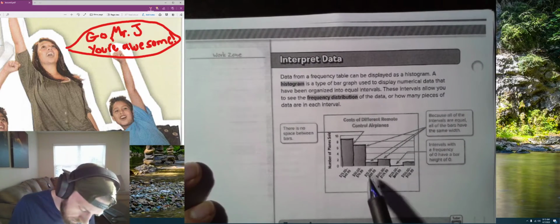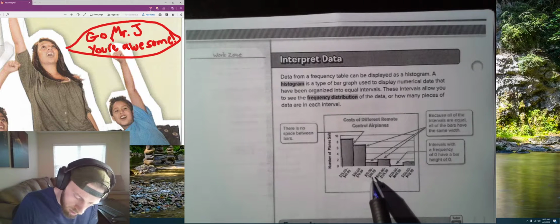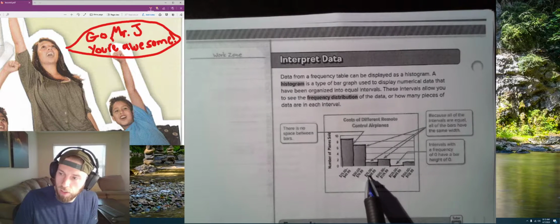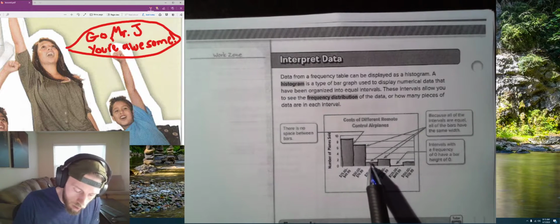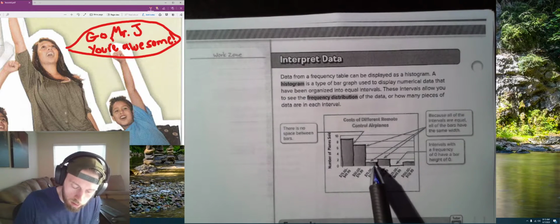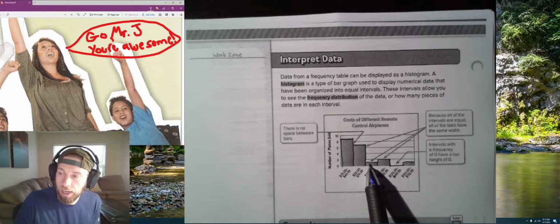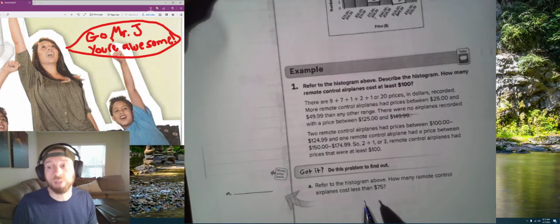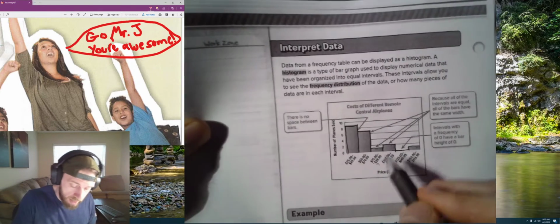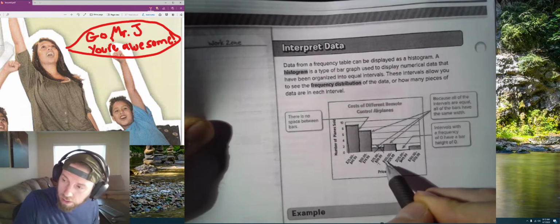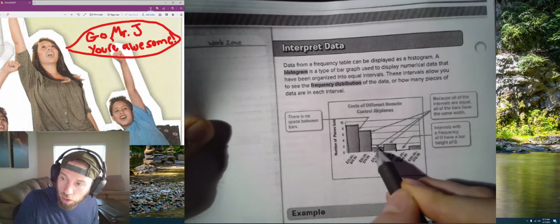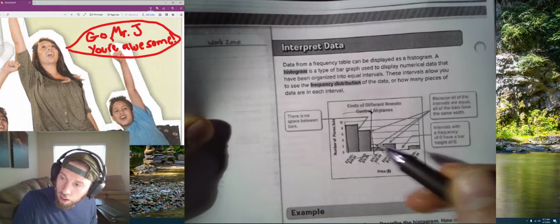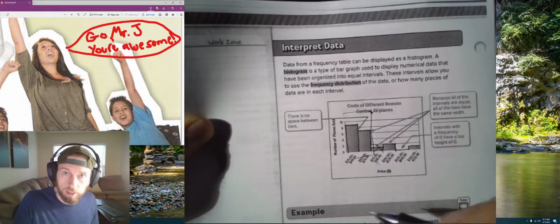And we find this interval right here is between $75 and $99.99. And there's only one of them. This airplane costs more than $75 but less than $99.99. This does not qualify for our question because our question asks how many cost less than $75. This one right here doesn't cost less than $75, so we don't include it. But everything from here over there does cost less than $75.